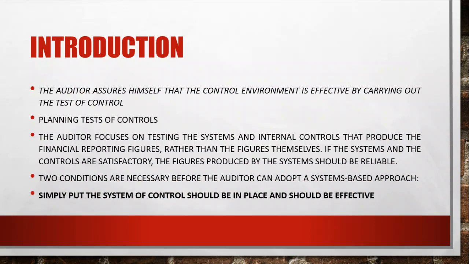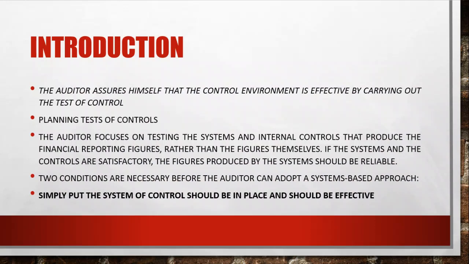So you will pay more attention to all those processes, internal controls that generate that particular financial. The financial will take care of itself. So we cannot play down the internal control systems that were put in place by an organization.